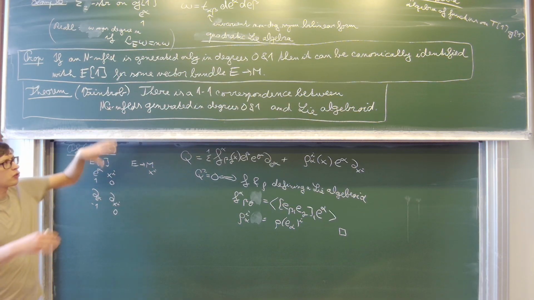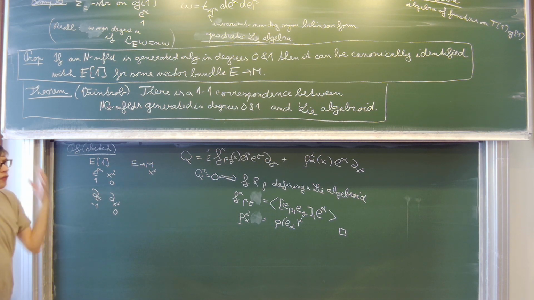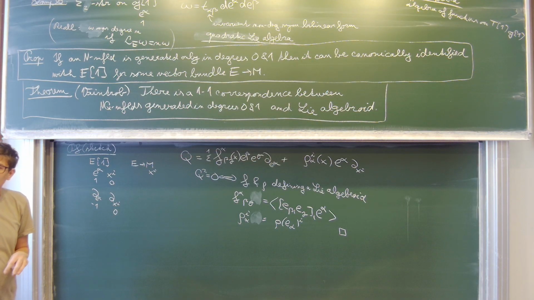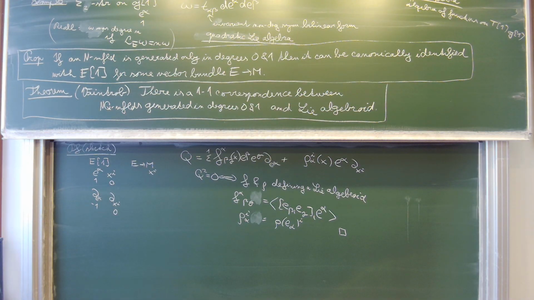But if you have two general Lie algebroids over different bases, then the definition of a morphism between them is a bit lengthy and complicated. But in this language, it's just a map of NQ manifolds. The natural notion of a morphism in the category of NQ manifolds is precisely the one that captures the Lie algebroids, which suggests that maybe this is the way to look at things. So yeah, this is what I want to say about Lie algebroids.